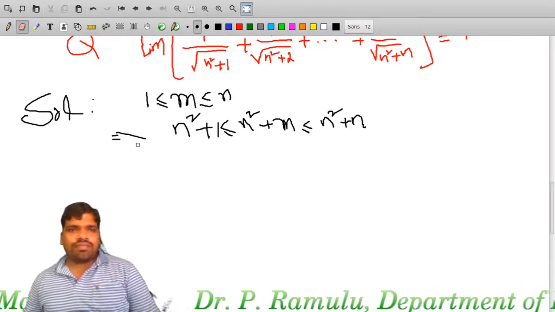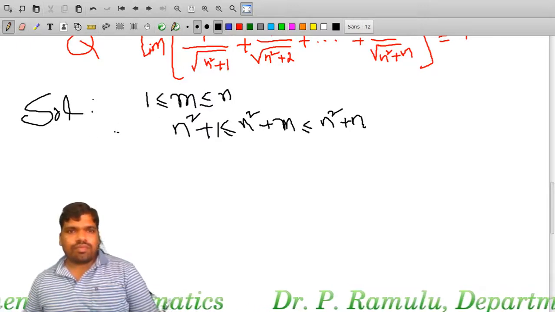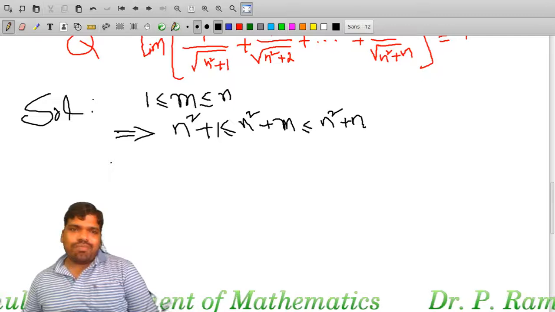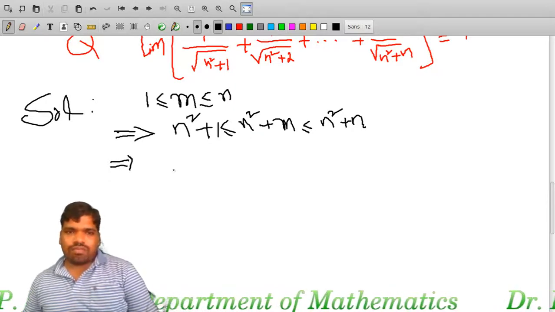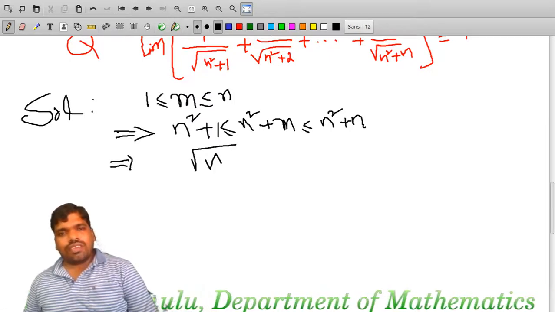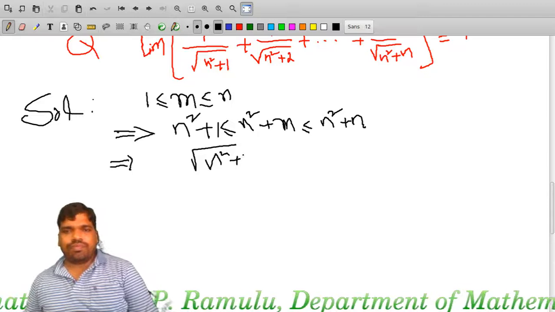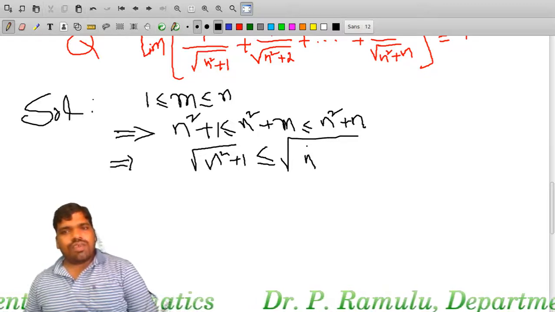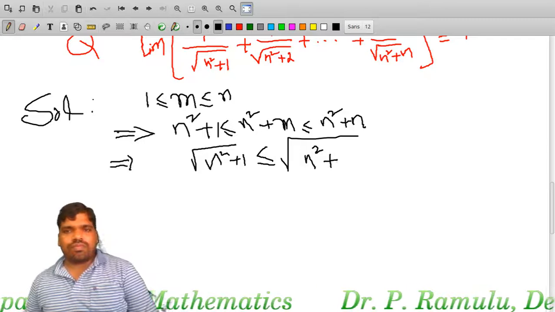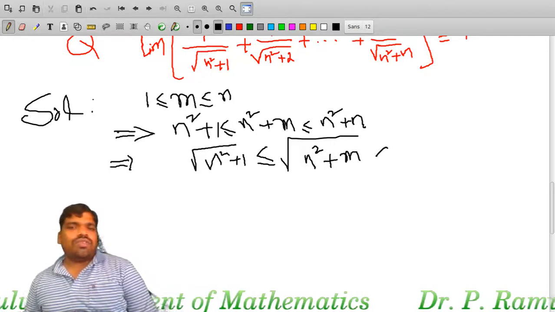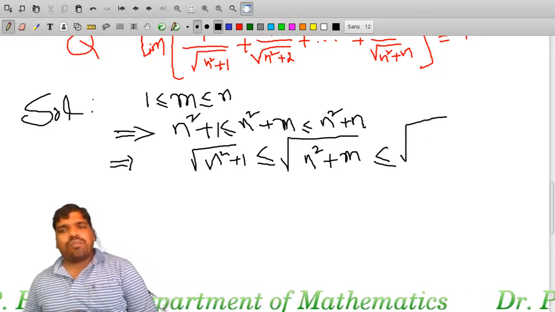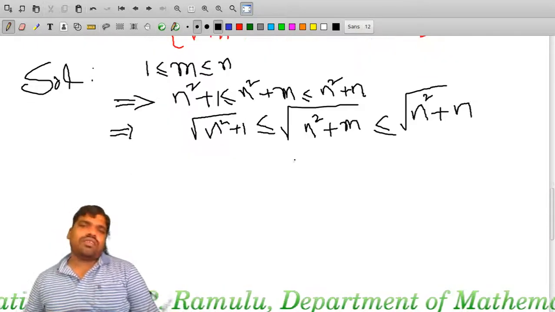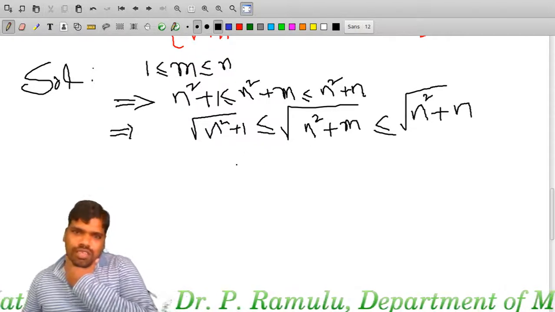Which implies, taking the square root on both sides of this inequality, root of n square plus 1 is less than or equal to root of n square plus m, which is less than or equal to root of n square plus n. Here I am reciprocating this.